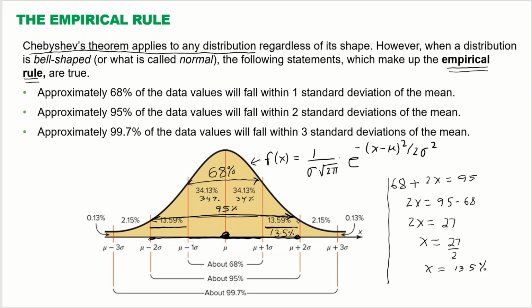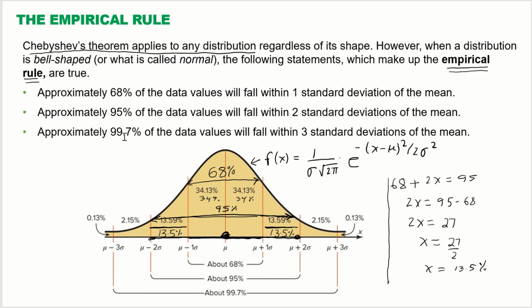But if you use 13.5, that's fine. The rule talks about the approximate value. So approximately 13.5% of the data is here. Or within 2 standard deviations, you have 95%. Within 1 standard deviation, 68%. Within 2 standard deviations, 95%.